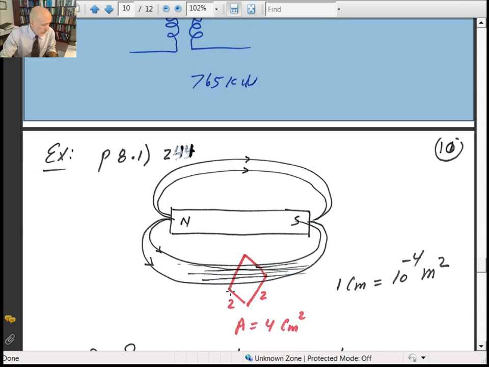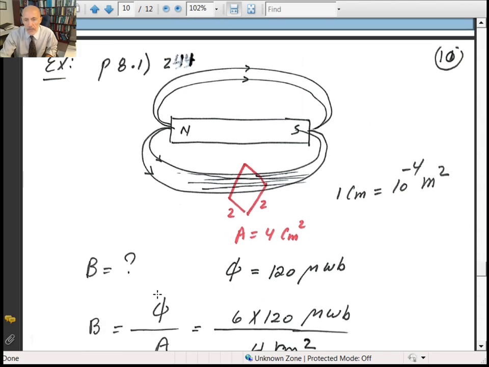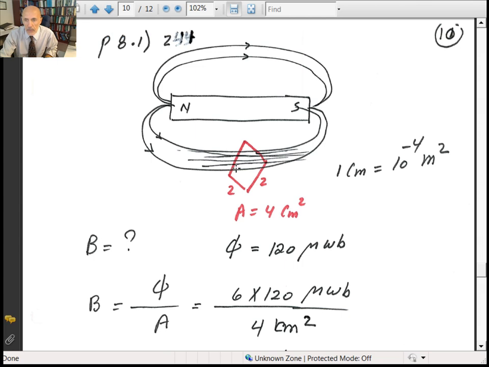They have a shaded area of 4 square centimeter, and if you count the lines of flux going through it, you have 6 lines of magnetic force. They want you to calculate magnetic flux density. Magnetic flux density is equal to flux phi divided by cross-sectional area. You have 6 lines of magnetic flux going through there, per 4 square centimeter.